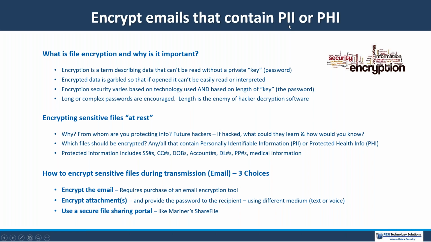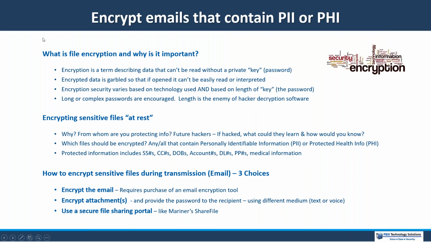So a person's name associated with either a social security number or a credit card number or a date of birth or a diagnosis code or procedure code, driver's license number, any name associated with any one of those pieces of information makes that information protected. We are obligated to not transmit publicly information about our clients, our employees, our patients.